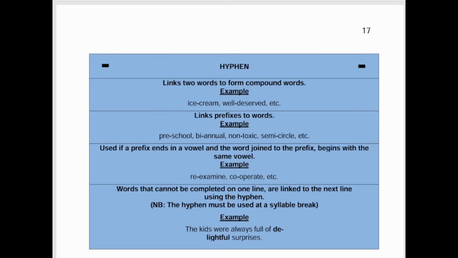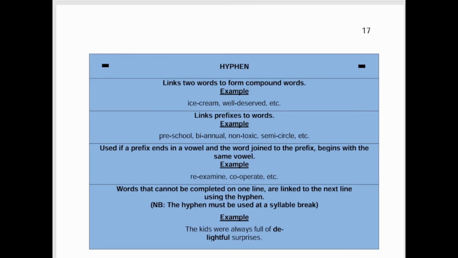Examples: ice-cream, well-deserved, brother-in-law, sister-in-law, commander-in-chief, editor-in-chief. So you find that the hyphen should be used to show compound words.